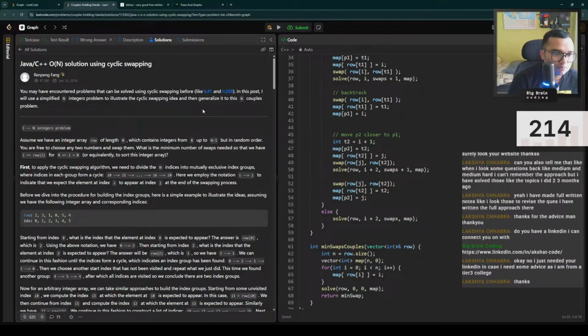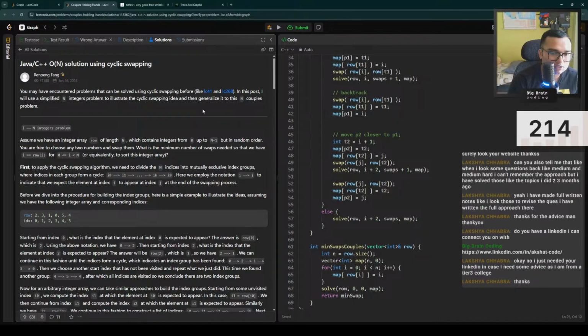Before we dive into the procedure for building the index groups, here is a simple example to illustrate the ideas, assuming we have the following integer array and corresponding indices: 2, 3, 1, 0, 5, 4. Starting from index 0, what is the index at which the element at index 0 is expected to appear? It should appear at 2. The answer is row of 0, which is 2. Using the above notation, we have 0 to 2.